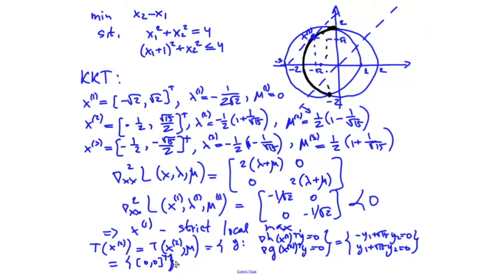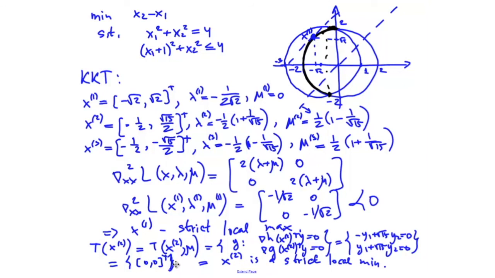Indeed, for all non-zero points from T of x2, mu, which there are none, that inequality holds, right? So therefore, the second order sufficient condition is satisfied, and we see that x2 is a strict local minimum.